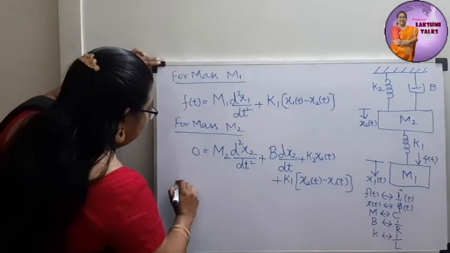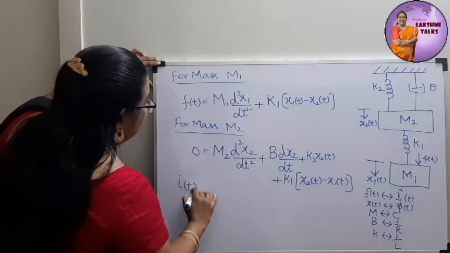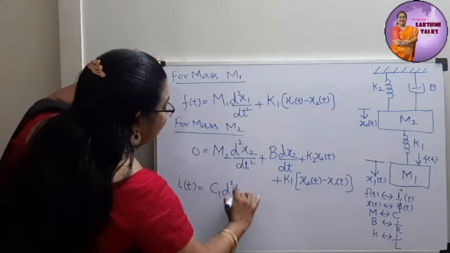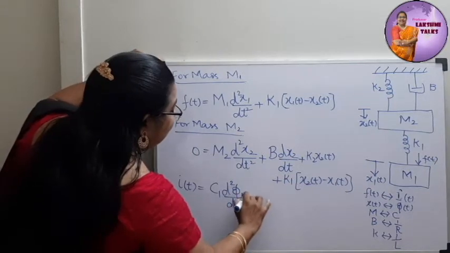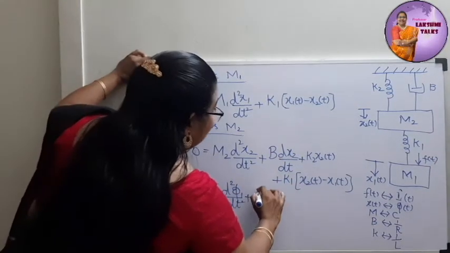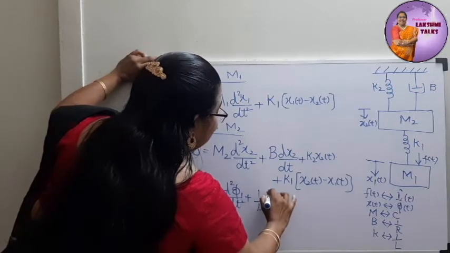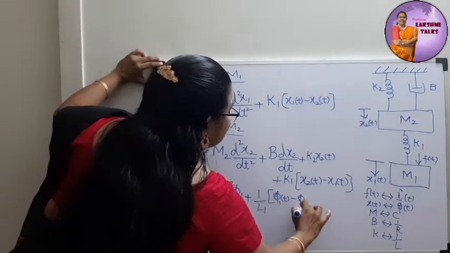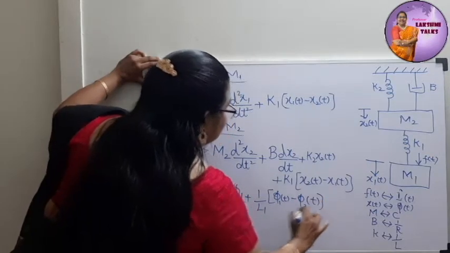Right? So with this force current analogy, let us rewrite these two equations. So now it will be I of t is equal to C1 d square phi 1 by dt square plus 1 by L1 into phi 1 of t minus phi 2 of t.